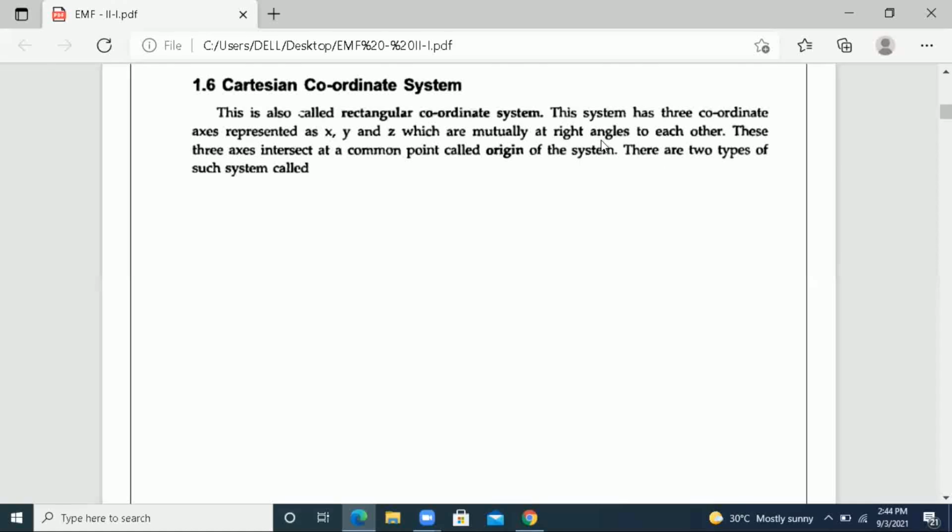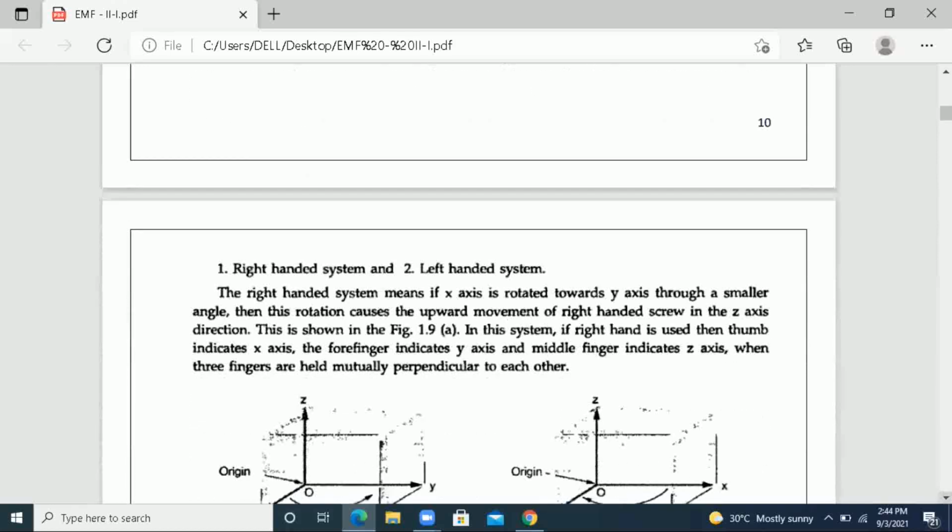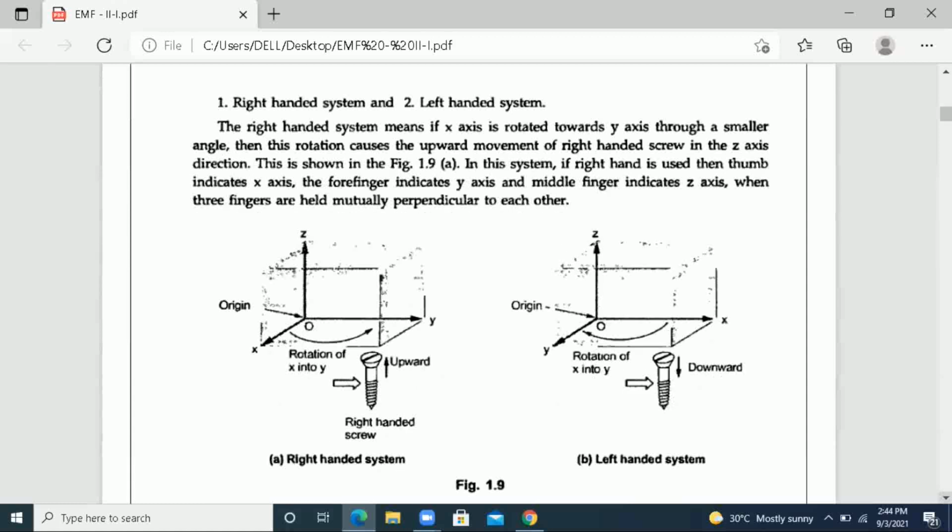And these three axes intersect at a common point called the origin. So here is your rectangular coordinate system.